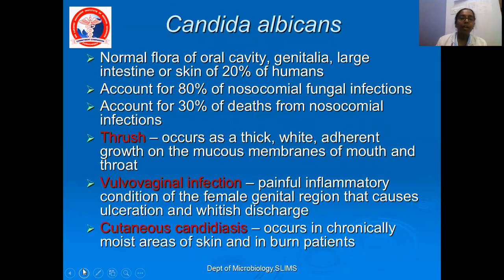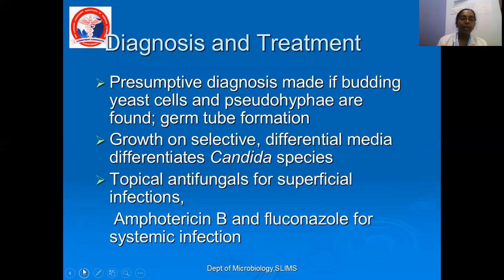With Candida albicans, the more common infections are thrush and vulvovaginal infection, then cutaneous candidiasis. Thrush is usually a white adherent growth on the mucosal areas, and vaginal infections are also common. Cutaneous candidiasis can infect the moist skin. So how do you diagnose it?